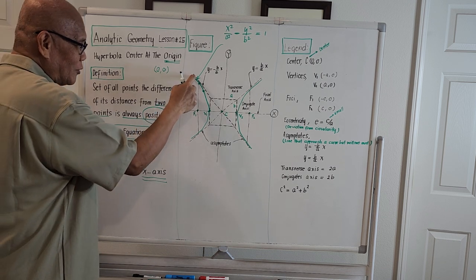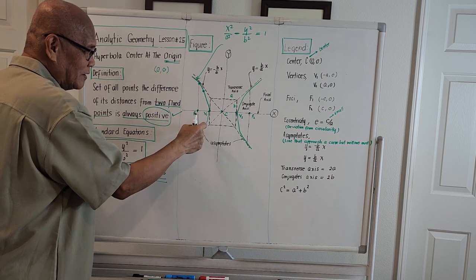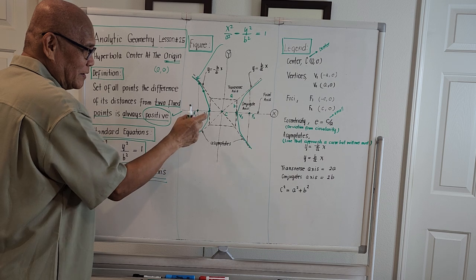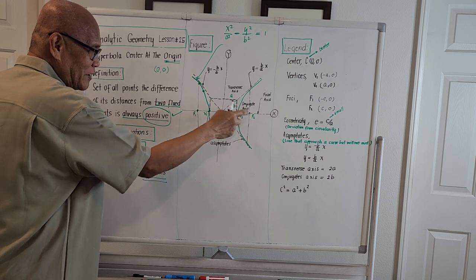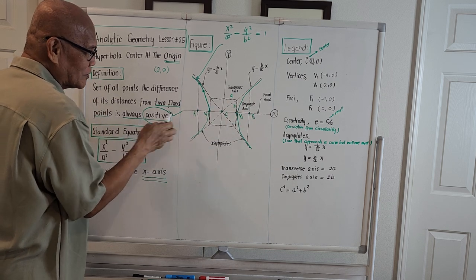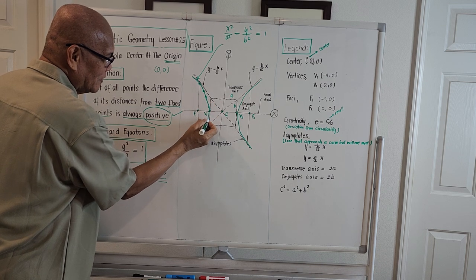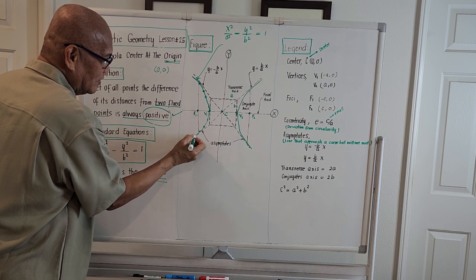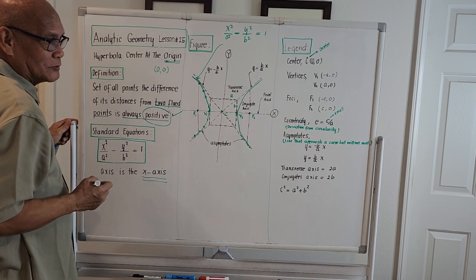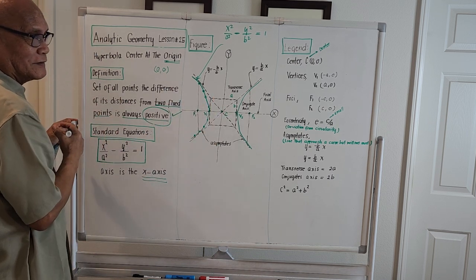So as the point moves along the path, the difference in distances is always positive. If you complete the curve, that will be the curve, considering the left-hand side.